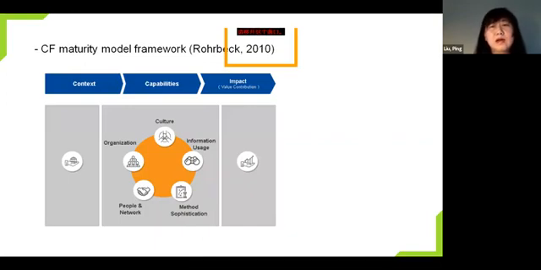And Robeck in 2010 introduced the corporate foresight maturity model framework, with 3 dimensions: context, capabilities, and impact. The capabilities is about the corporate foresight maturity in 5 dimensions: cultural, information usage, method sophistication, people and network, and organization.